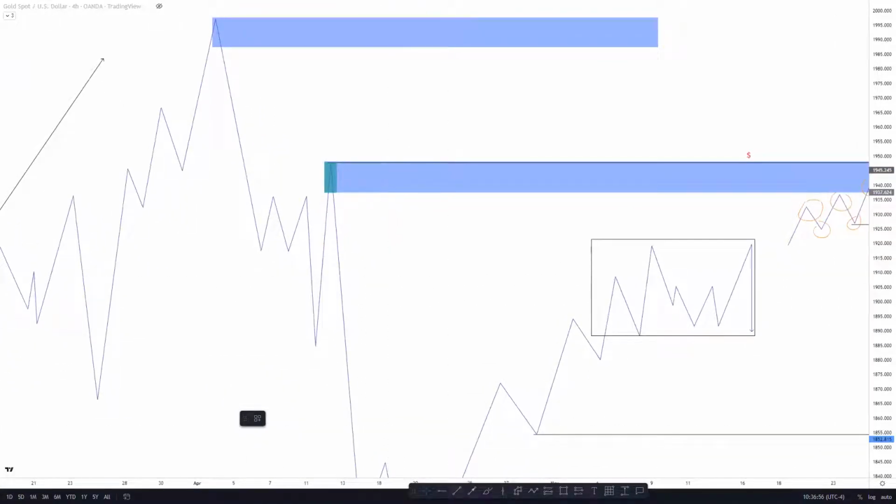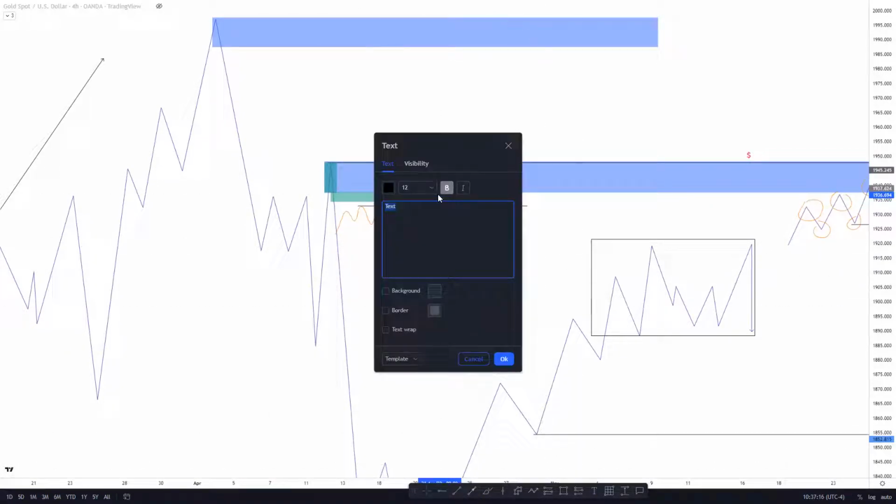There might be some sort of fair value gap in there, and there might be some candle which failed to mitigate this fair value gap. So I will use that candle as a fair value gap, oh sorry, inducement.